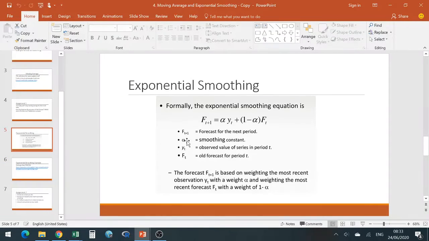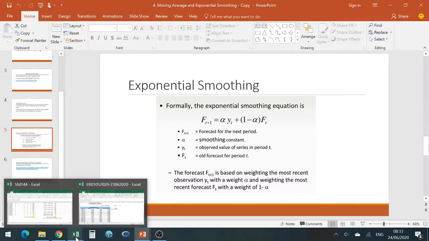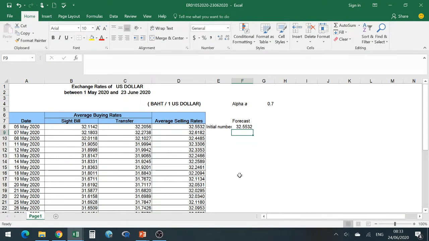So for exponential smoothing using this formula, let's assume that today is May 5th.